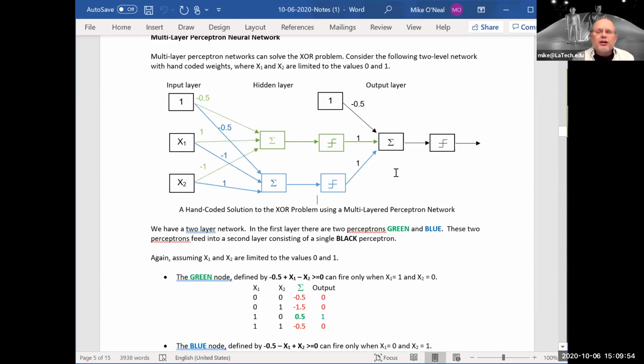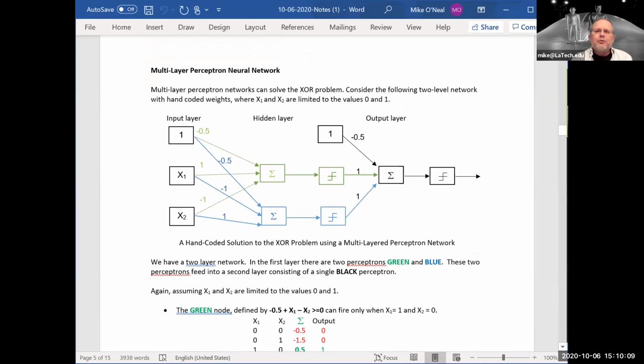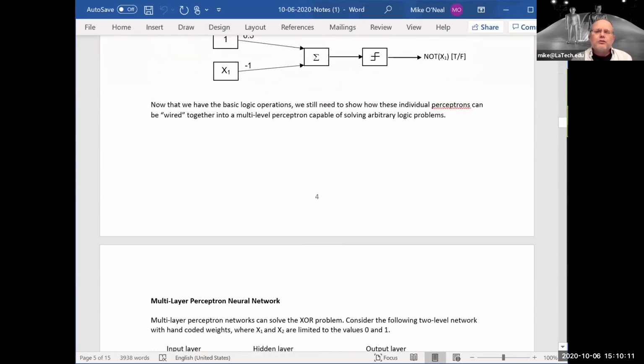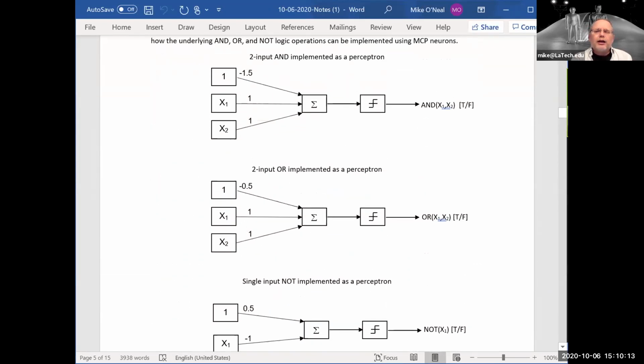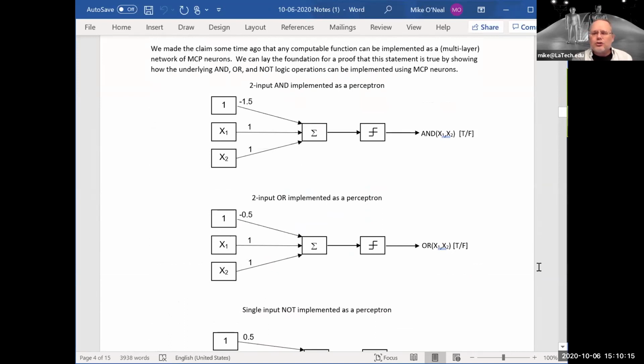I introduced the XOR problem this way because I wanted to show you the simplest solution to the XOR that I could think of rather than a more complicated one. But you might have noticed that in this example, I did not use the and, or, and not that I had just created immediately above.